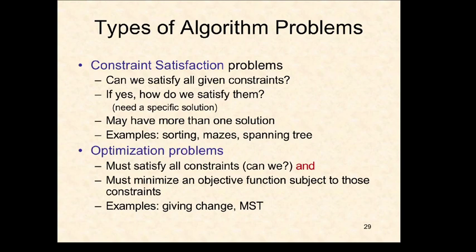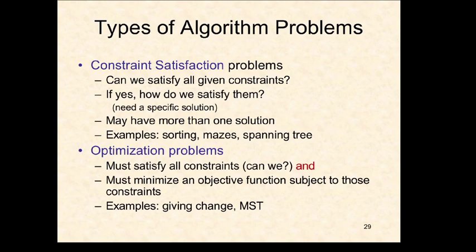We want to satisfy a given set of constraints, and if we can, how do we do it? For example, sorting is a constraint satisfaction problem. You gave me an unsorted collection of data, and I gave it back to you so that it met the constraint of array sub i is less than array sub i plus 1 for all valid i's.